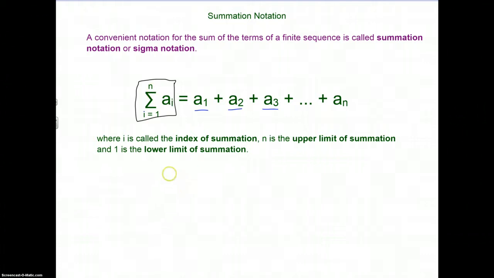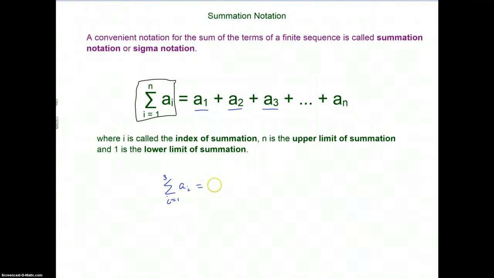Okay, so let's just say we had the summation from i equals 1 to i equals 3. We would typically write that by just putting a 3 up here. So from i equals 1 to 3, and the term that we're summing is a sub i.